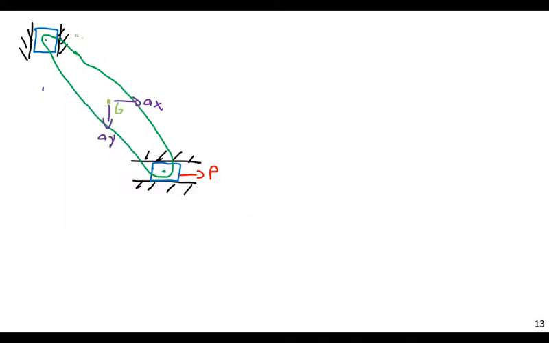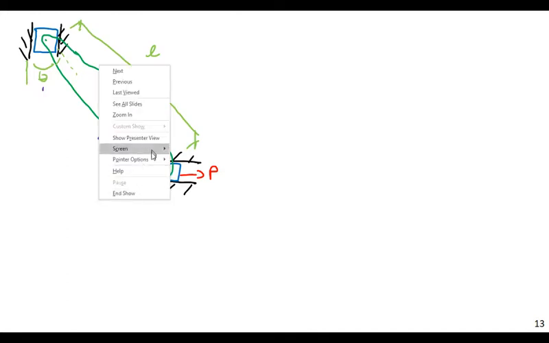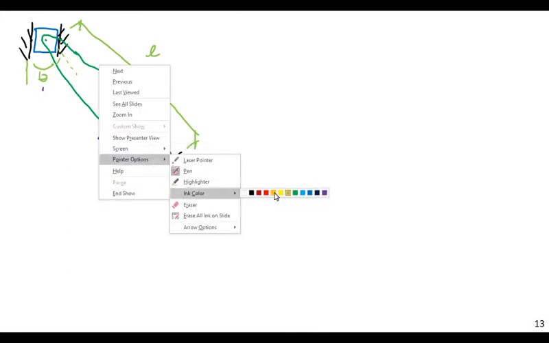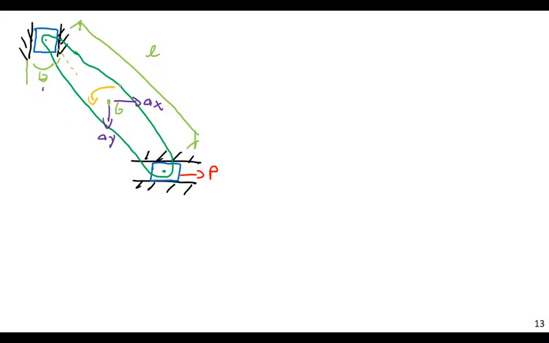This is getting into the heart of what it means to be constrained motion. This is L, this is theta from the center line, and we also have alpha and omega, some amount of angular acceleration and some amount of angular velocity.